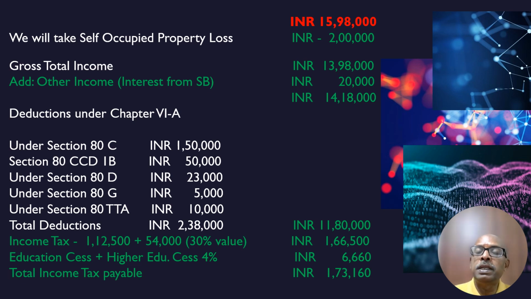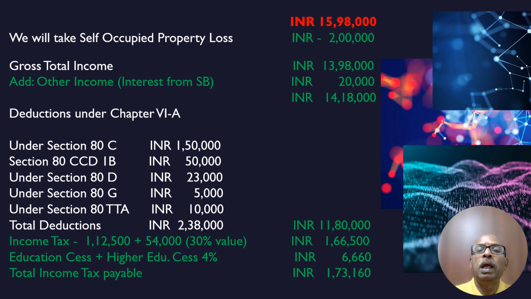For 60 years and above, it is 80TTB. Savings bank interest up to 50,000 can be taken as a rebate. Now, after adding this, it comes to 14 lakhs 18,000. This is the taxable income. So now he has come to the 30% bracket.